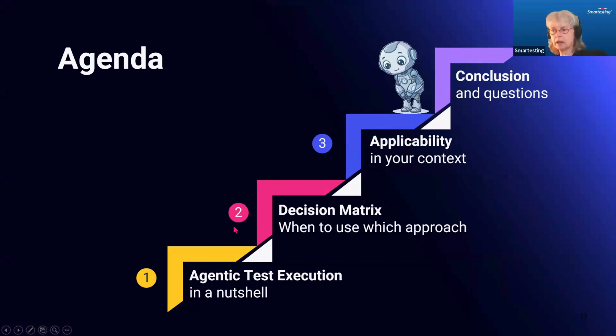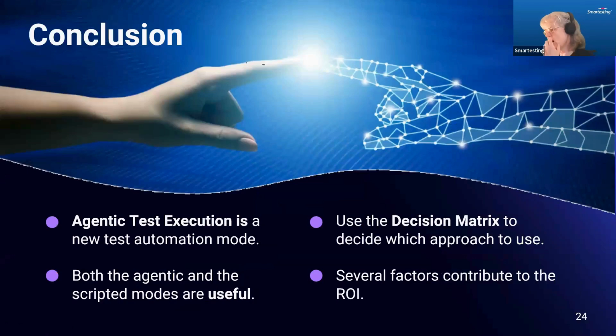Okay, 40 minutes. We are reaching the conclusions. So hopefully I illustrated that agentic test execution is a new way of automating test cases based on the manual test case description. I think I hopefully also showed that this is not either this or that, both the agentic and the scripted modes are useful.